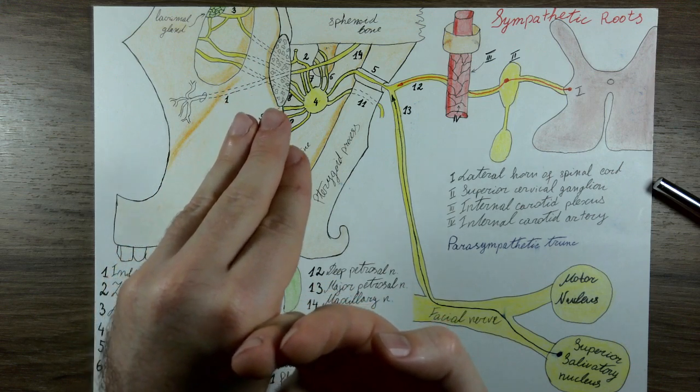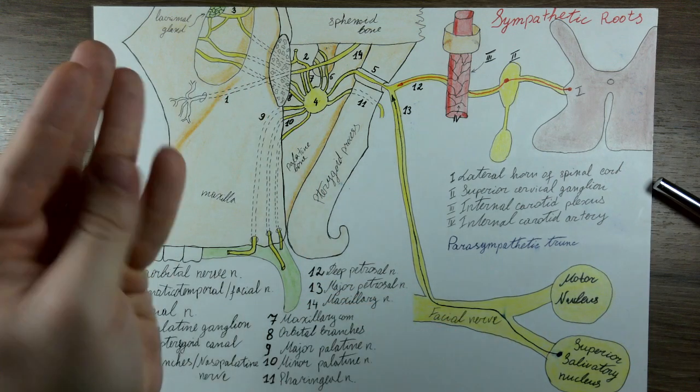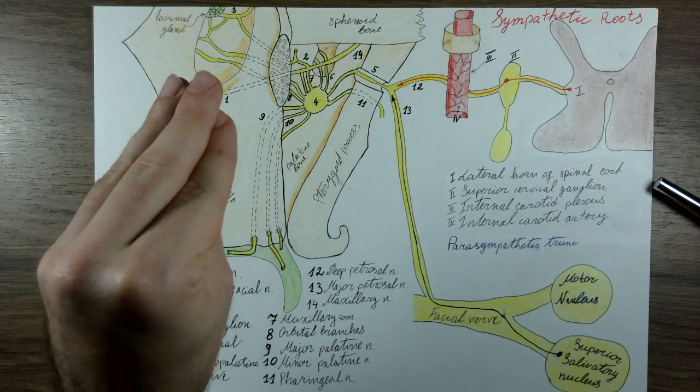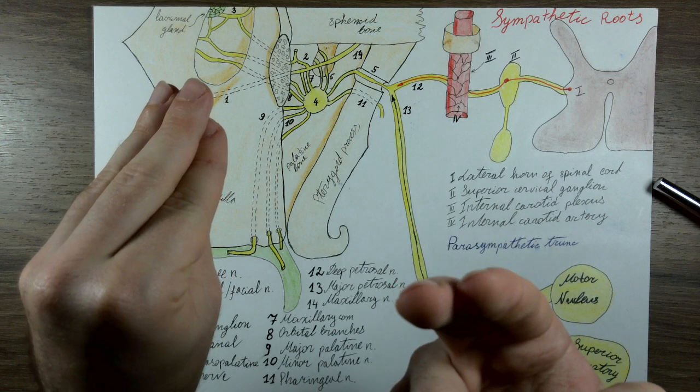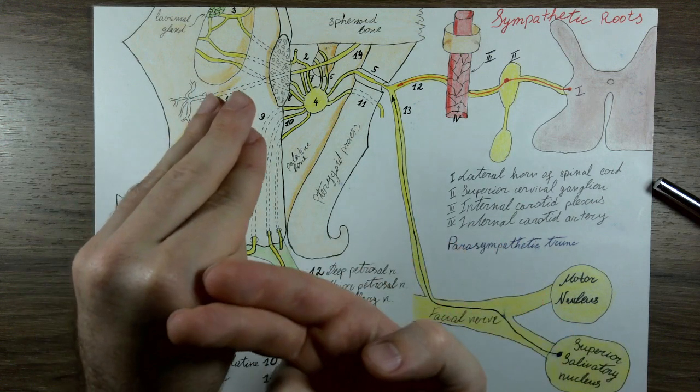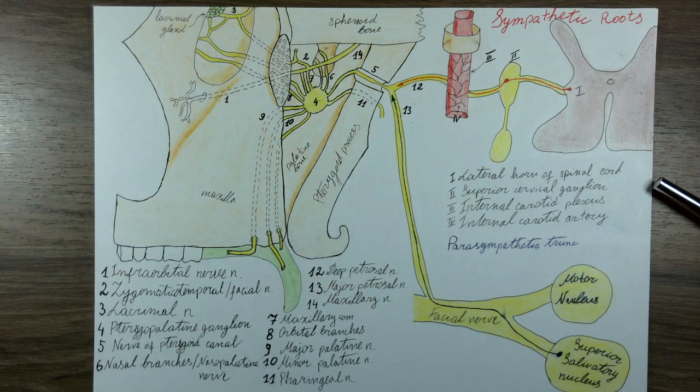So this is something similar, but instead of the trigeminal ganglion, you have the pterygopalatine ganglion, and instead of the internal carotid artery, you have the maxillary artery. So it could give you similar pathophysiology to headaches, but with different symptoms, based on the anatomy of the region.